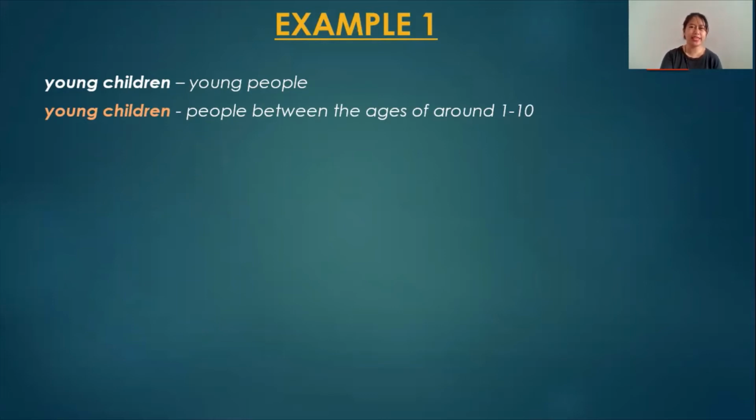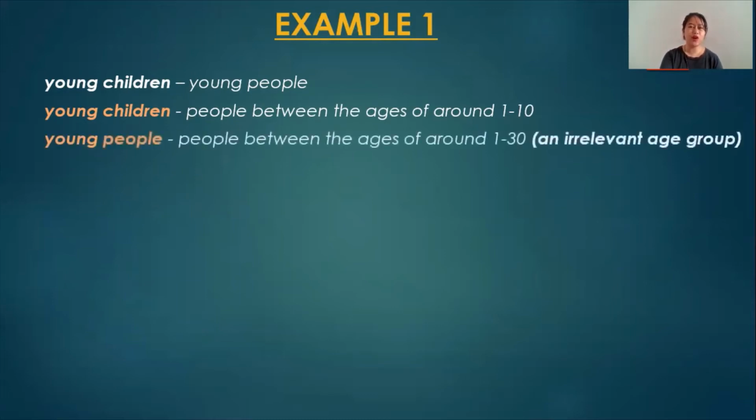But when we say young people, these are those between the ages of around 1 to 30, okay? So young people tends to be general. It's not a relevant age group, okay? Because in the question, we're only talking about young children. So it's totally different from young people.